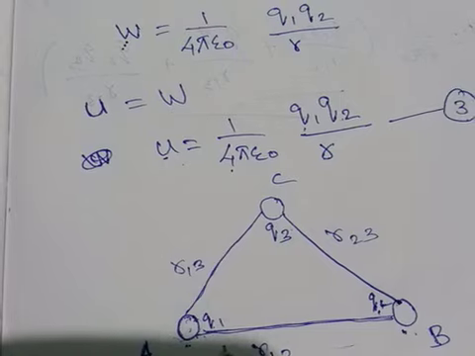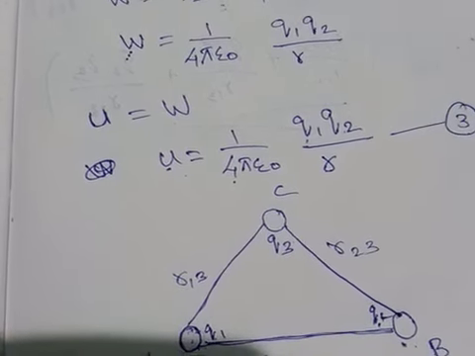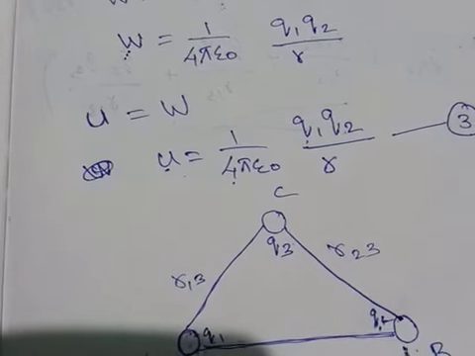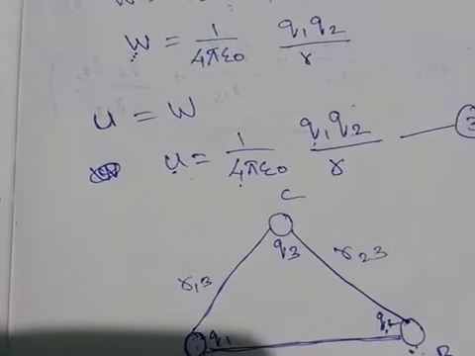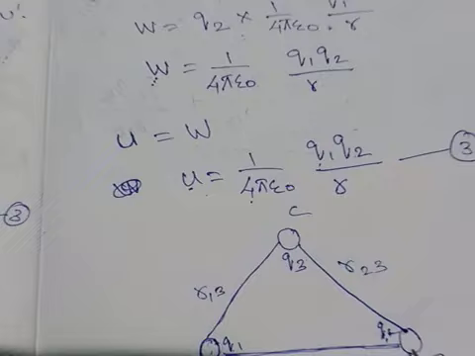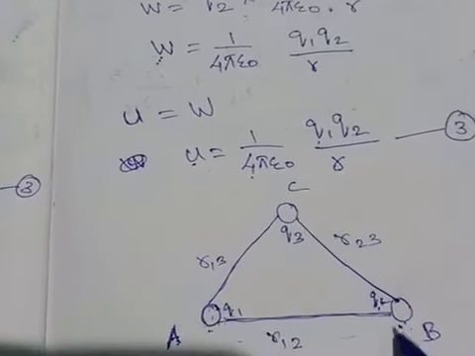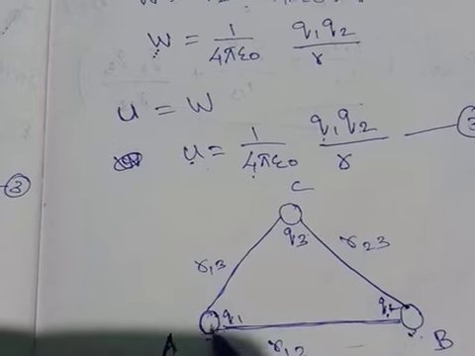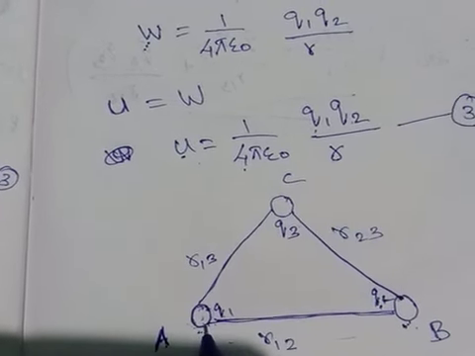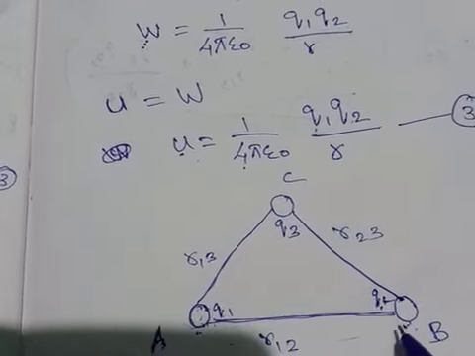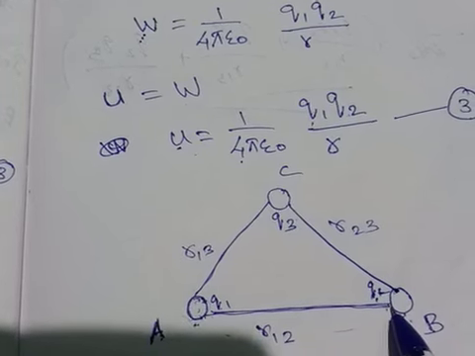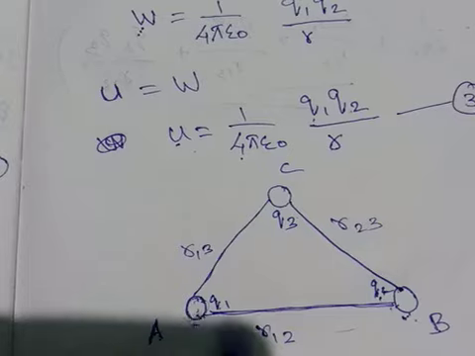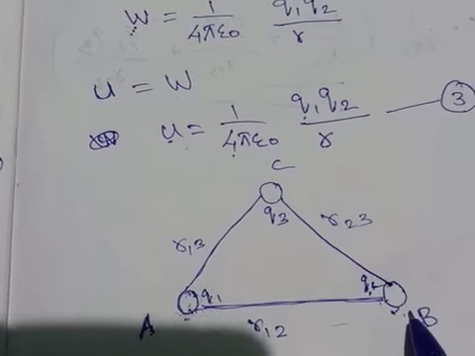V1B means the electrostatic potential due to the charge Q1 at the point B. So here some electrostatic potential is there at this point, and it is due to the charge Q1 at the point B.